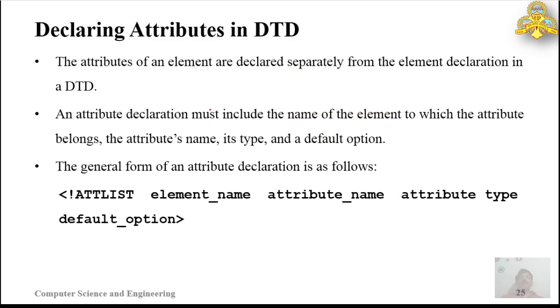Elements can have attributes. If there are many attributes, we have to provide them. Attributes can be string or numerical information, and the general form of attribute declaration is the ATTLIST declaration for the element name, followed by the attribute name, attribute type and default options.